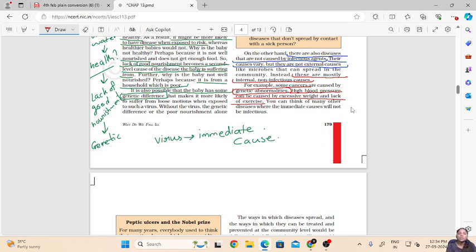So all these diseases which are internal and non-infectious are called non-infectious diseases. These are the causes.